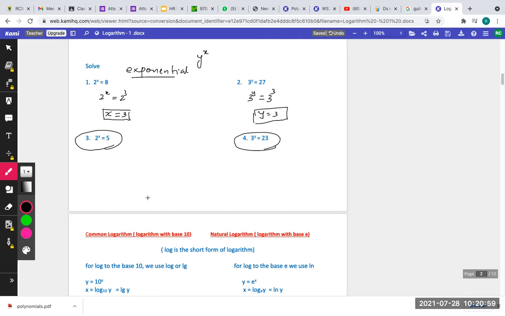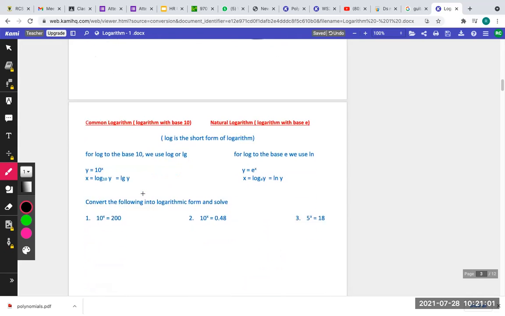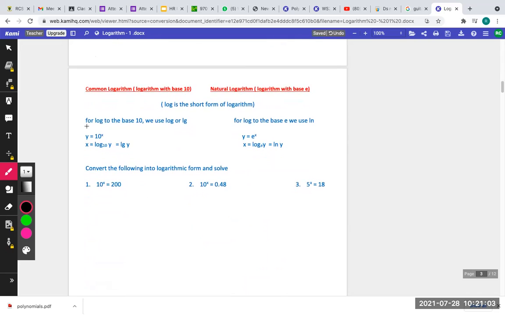Okay. So basically when we talk about logarithm, there are 2 kinds of logarithm that we usually deal with. One is common logarithm, meaning a logarithm with base 10, and the other one is called natural logarithm, meaning a logarithm with base e, right?